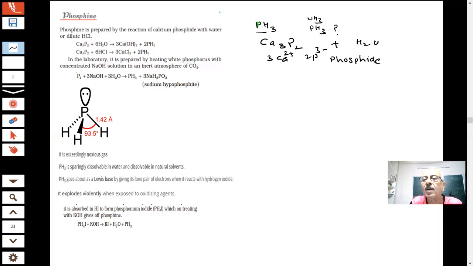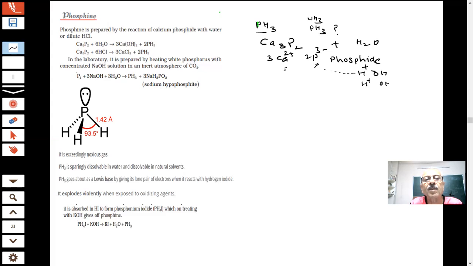Students, what will happen? What is water? H plus and OH minus. So what is going to happen? The plus will go with the phosphide minus, and the OH minus will go with the calcium.